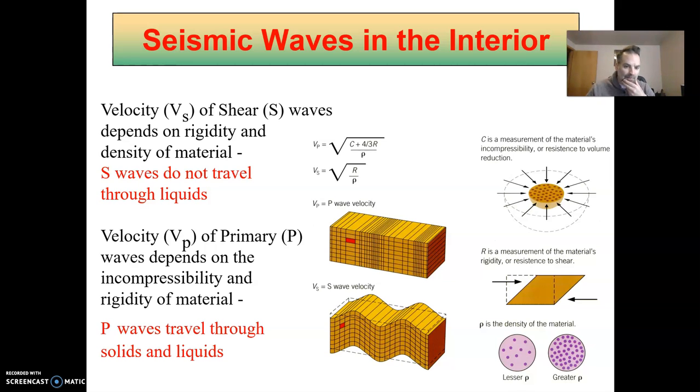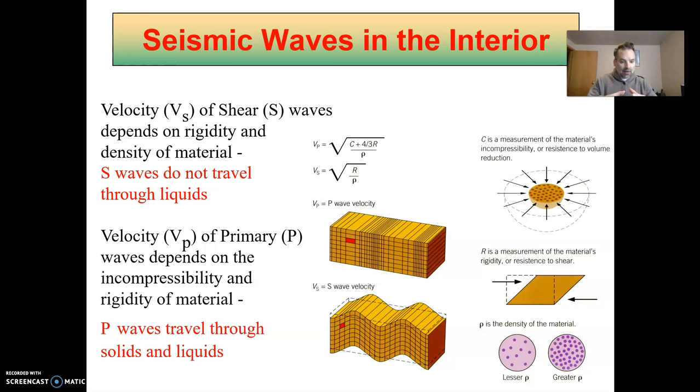Here they're showing something that's been packed real tight; this material was originally here, and then we compressed it. That measurement of whether this material will resist a volume change is the measurement of C.